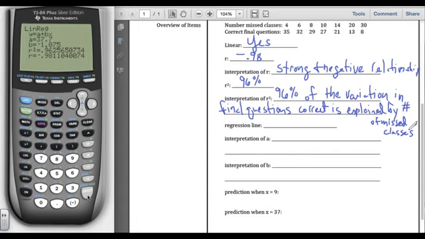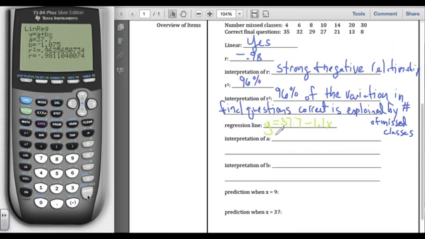My regression line has the form Y equals A plus BX. Y equals A, which is 37.7 according to my calculator, minus 1.1x if I round that B to one decimal place. The interpretation of A, that's the 37.7, that's my y-intercept. That's my prediction when x is 0.